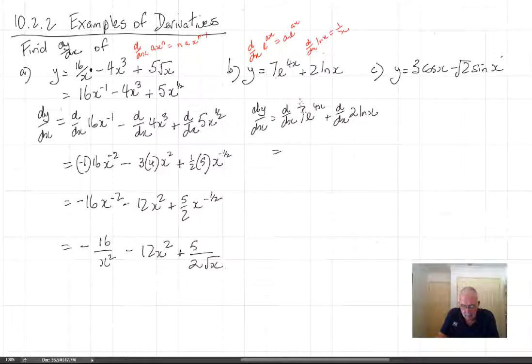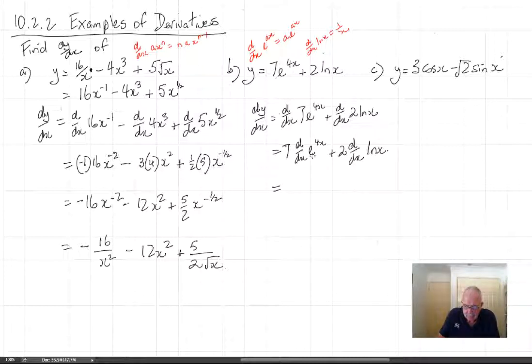Now, we could bring that 7 out the front if we wanted to, so 7 d dx of e to the 4x, and do the same here, plus 2 d dx of ln x. That's probably going to make things a little bit easier for us, because that's straight application of the table.